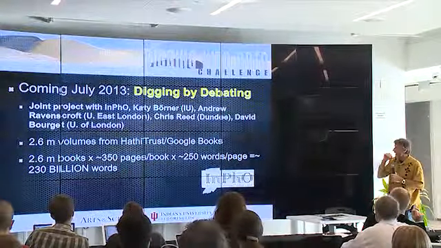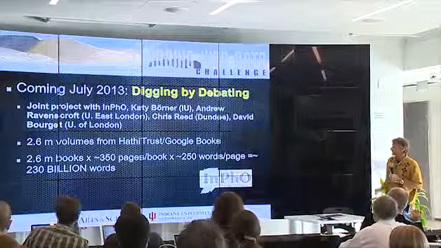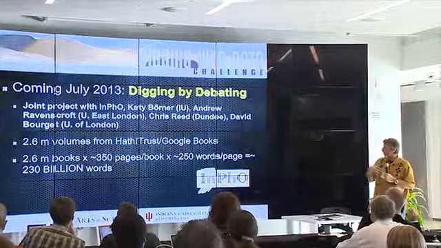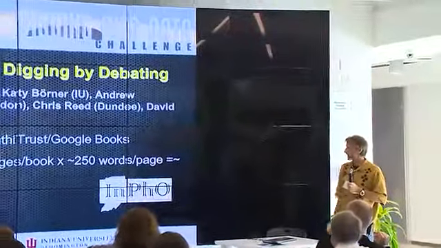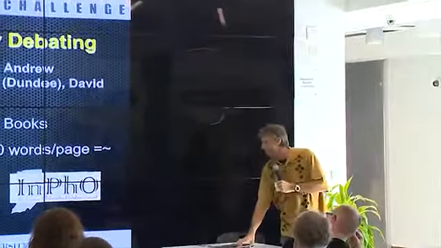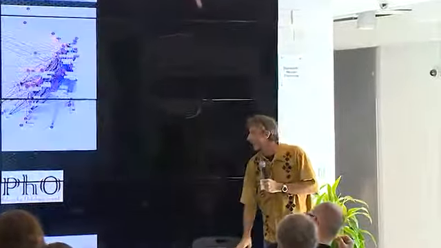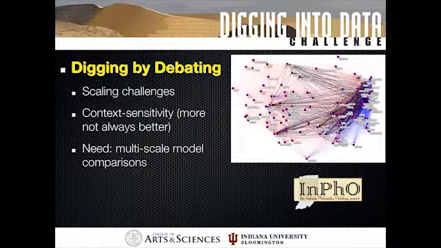All right, so we've already mentioned the Digging by Debating project, a joint project with my own group, with Katy Börner here at IU, and with various UK partners, and all of these words that we're looking at. Our aim is to bring as much of these data as practically possible into the fold, and that is going to raise enormous scaling challenges. As I mentioned, context sensitivity is going to be important.